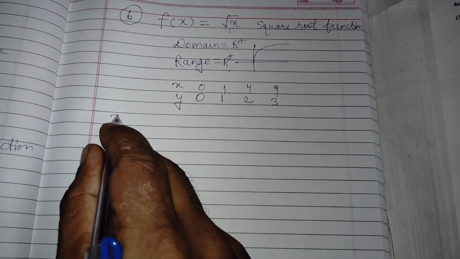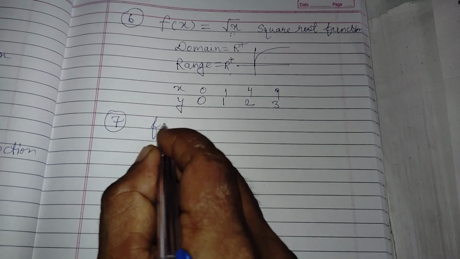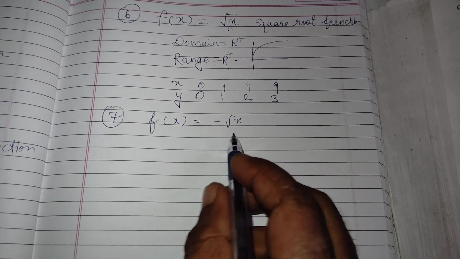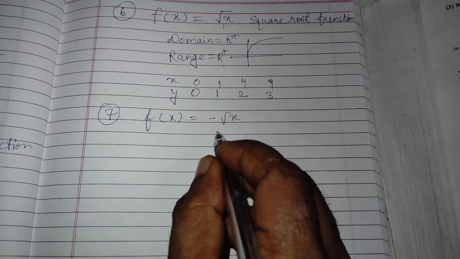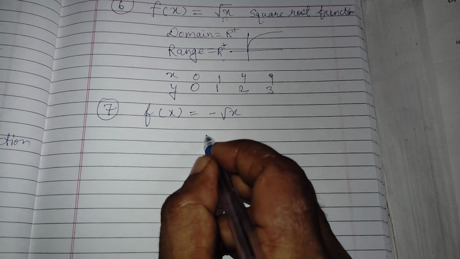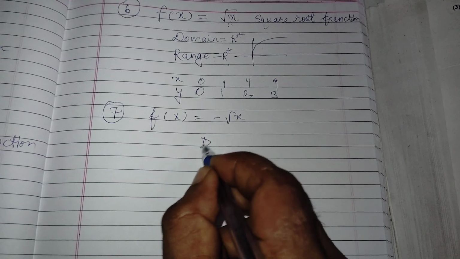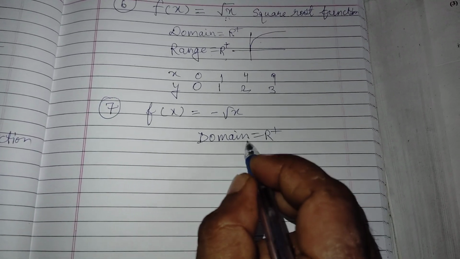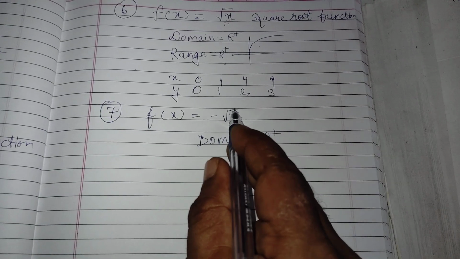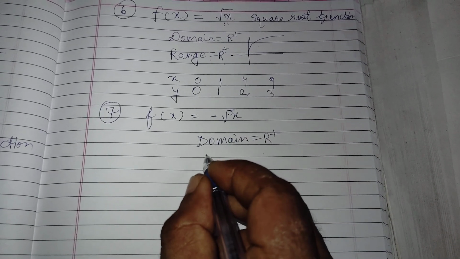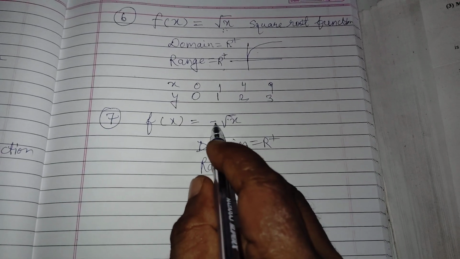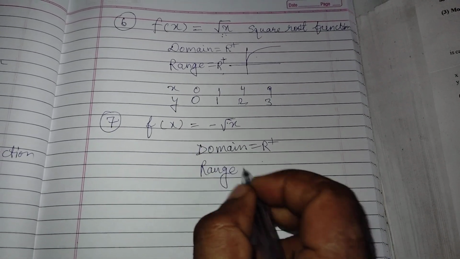Next is the seventh, f of x is minus square root x. This is similar to the previous one, the only difference is the domain is plus R. It means in the square root sign I can put only positive real numbers, but for the range I get negative numbers due to this minus sign.